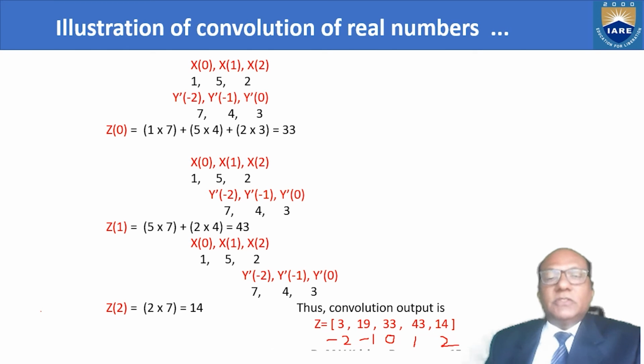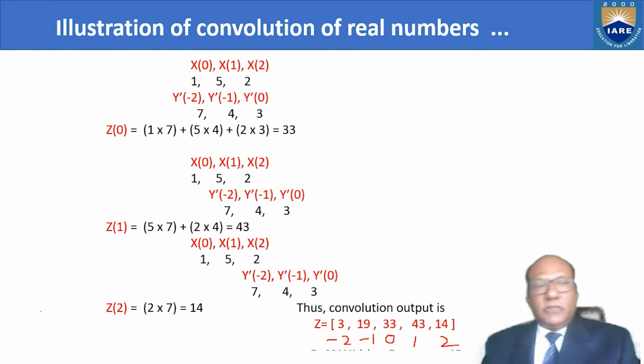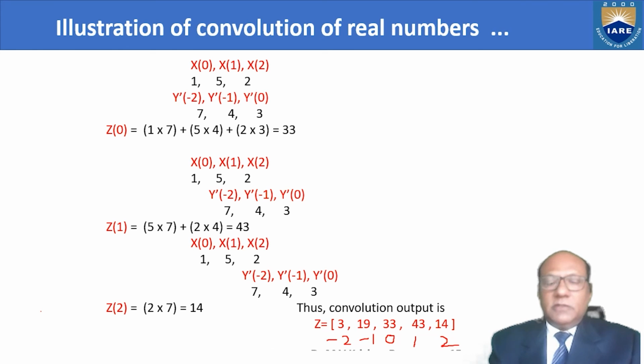So these are the indices of this convolution output. Okay, so that is how you will get the convolution. It is a simple operation in the discrete case, but a bit complicated to explain if it is a continuous time signal.